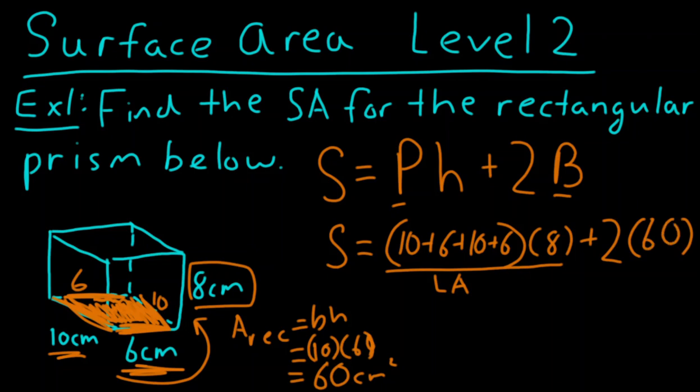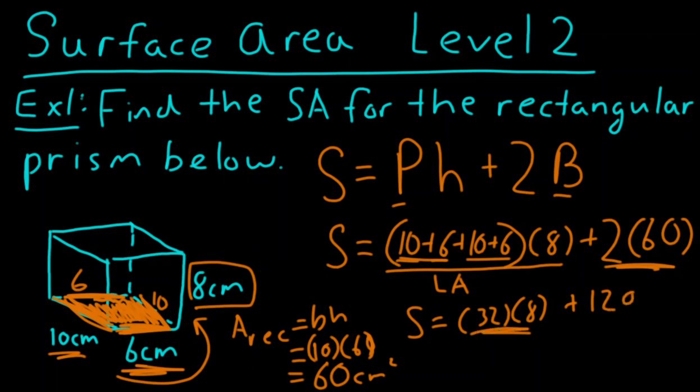And now I'm actually just going to simplify this right side, funnily enough. So I'll write S equals, and we know that 10 plus 6 is 16, and 16 plus 16 will give us 32 times 8 plus, and I can go ahead and simplify that right there. 2 times 60 gives me 120.